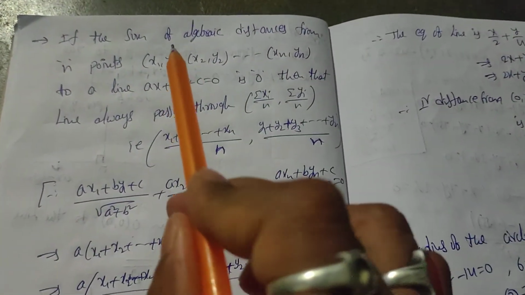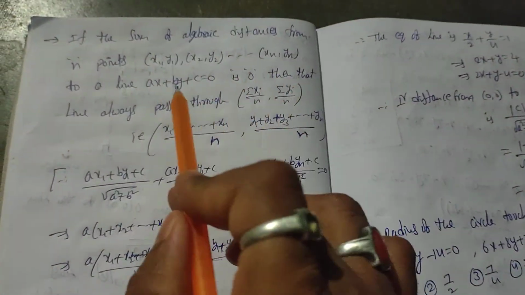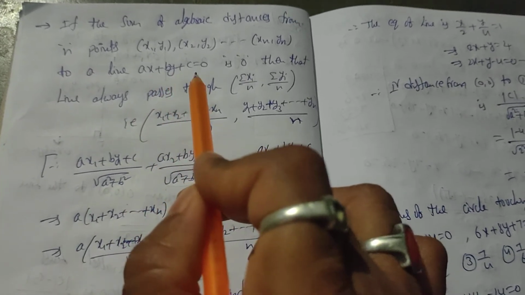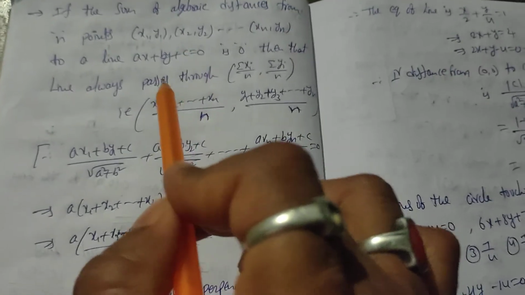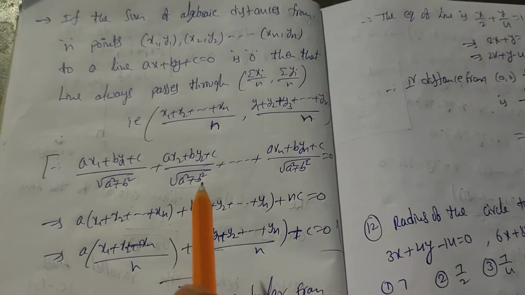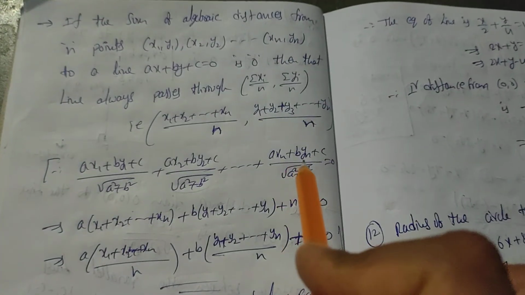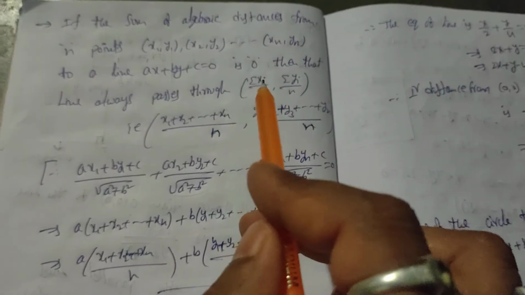According to the given condition, we take the perpendicular distances from all the given points to this line and add them: (ax1 plus by1 plus c) by root over a square plus b square, plus (ax2 plus by2 plus c) by root over a square plus b square, and so on plus (axn plus byn plus c) by root over a square plus b square is equal to 0.